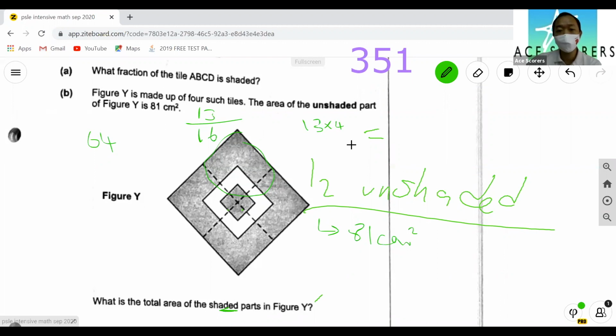Which is equal to, what's 13 times 4? You can use a calculator here. 52. Now, since I know 12 is 81, I want to find 52. What can I do? I can find 2 first, so divide by 6. 81 divided by 6 is 13.5.